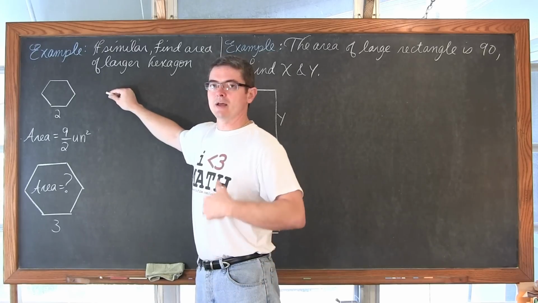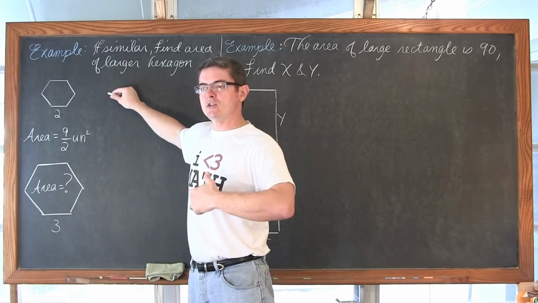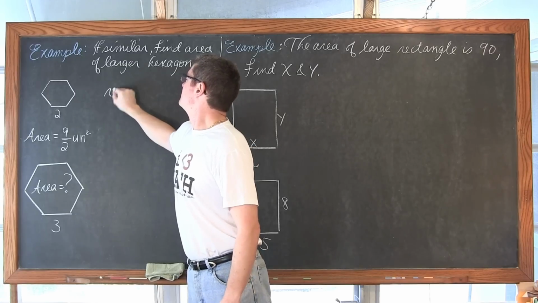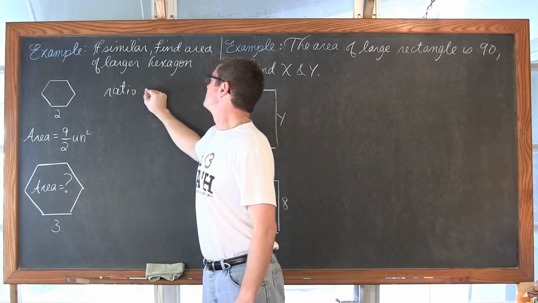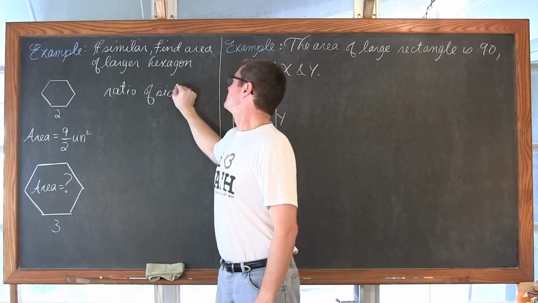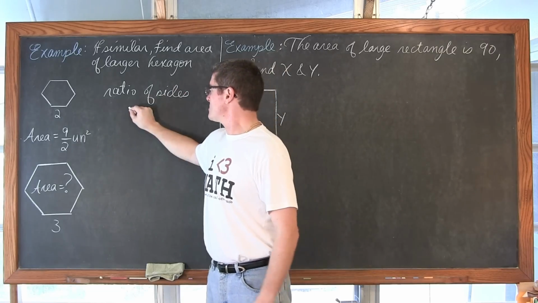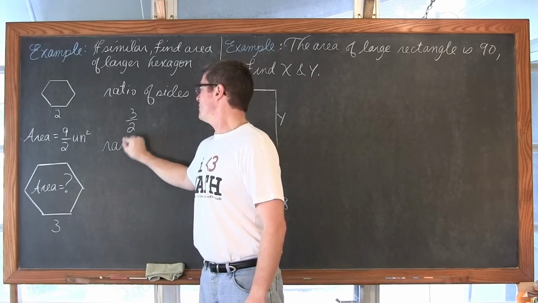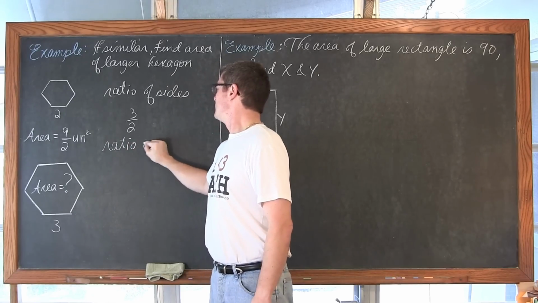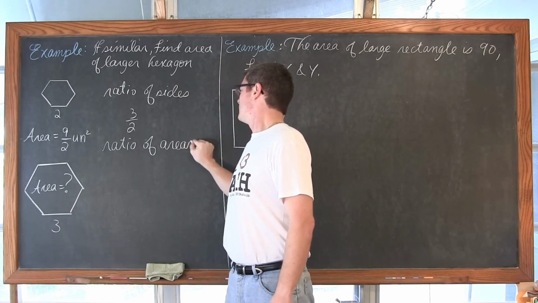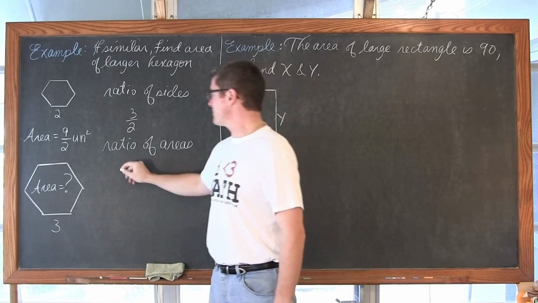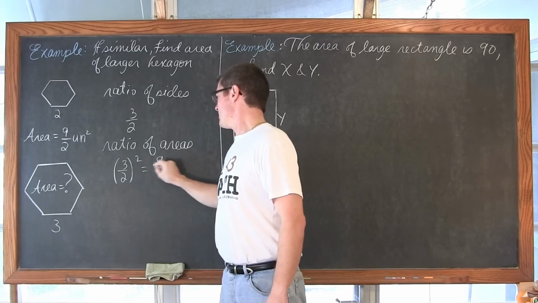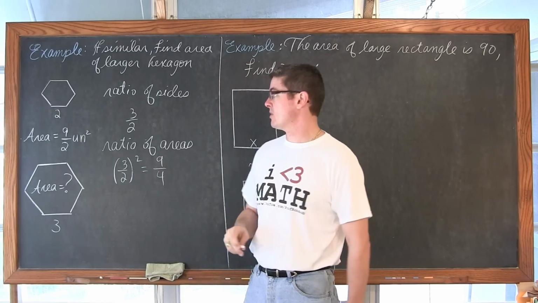So the ratio of the sides is going to be 3 over 2. And that means that the ratio between the areas is going to be that 3 over 2 squared, which is going to be 9/4.